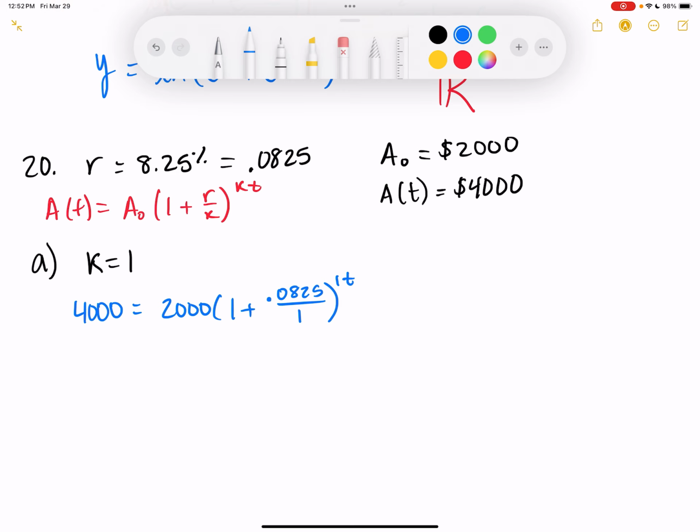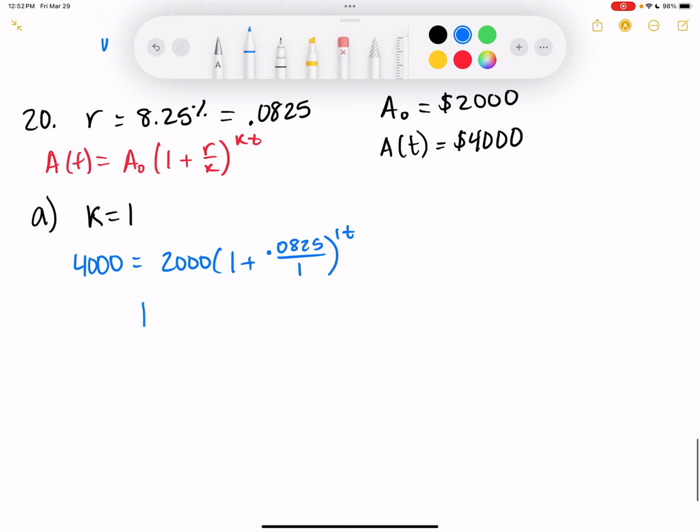And then we would just need to solve this. So 1 plus 0.0825 raised to the T is equal to 2, since 4,000 divided by 2,000 is 2. And I wrote it this way so that I can use a log.